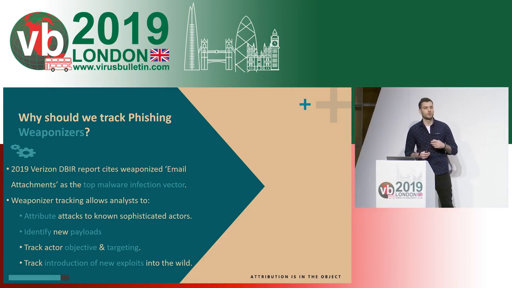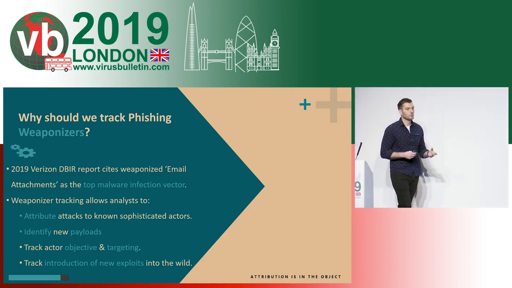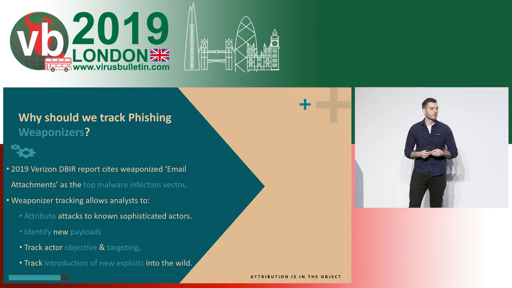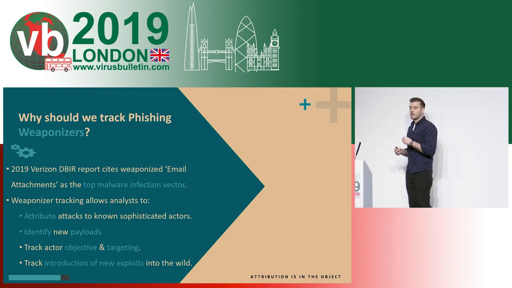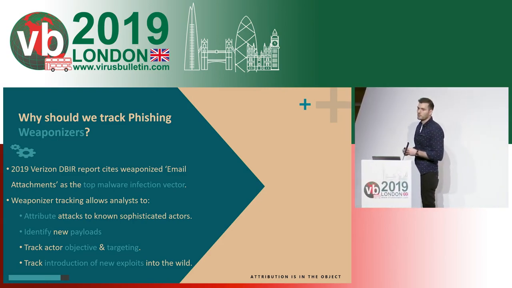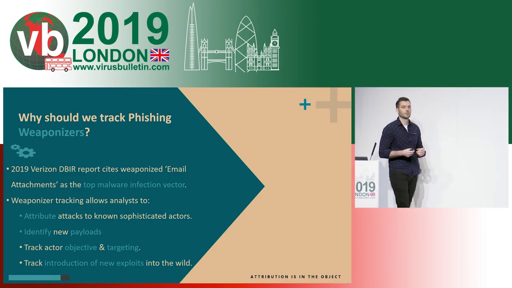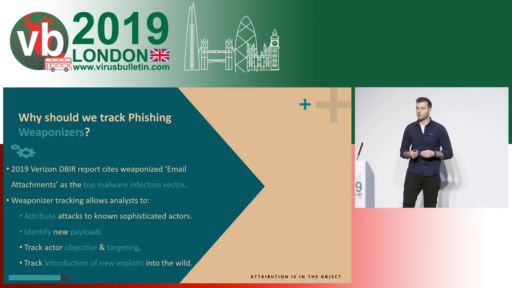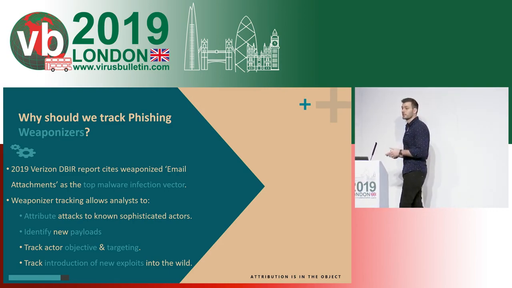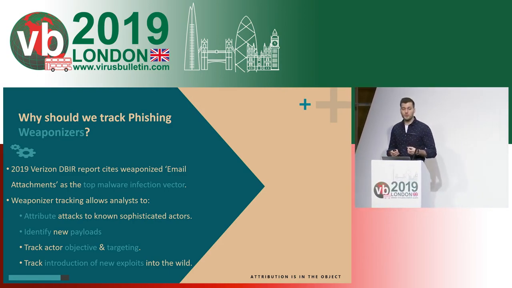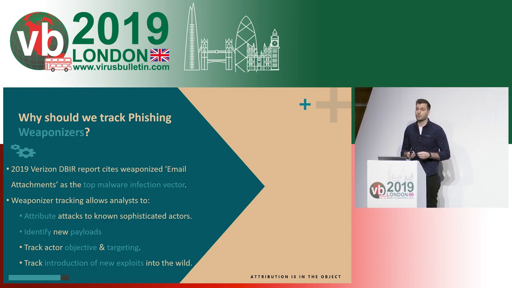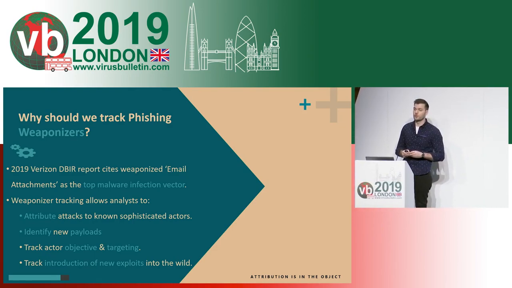It gives you the ability to attribute phishing attacks to known sophisticated and unsophisticated actors based on shared weaponizers. The same principle holds true for identifying new payloads using shared weaponizers. You can even track objectives and targeting across multiple campaigns if you have that visibility. And finally, we're going to demonstrate today that the most extreme use case is identifying new exploits entering the wild through known phishing weaponizers.